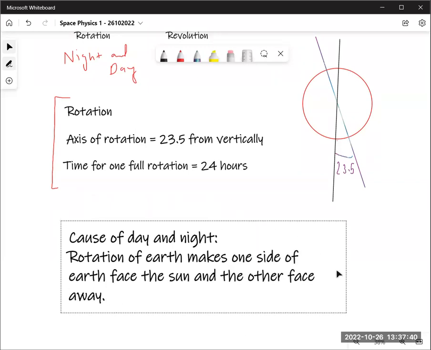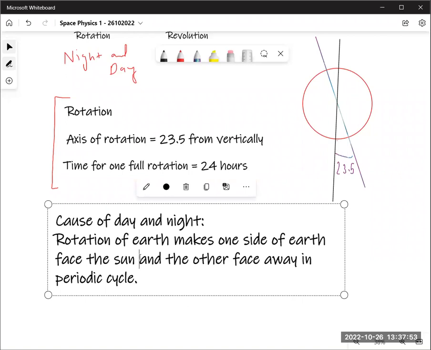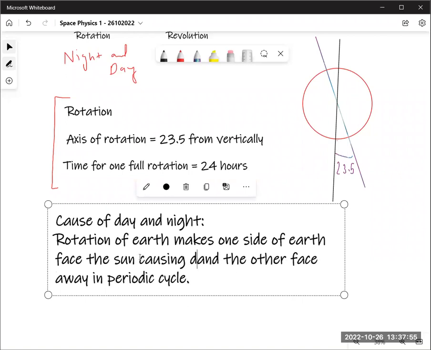Now what this means is, if you rotate it, one side will face the sun, the other will face away from the sun in a periodic cycle. Facing the sun causes day, and the other face away causes night.